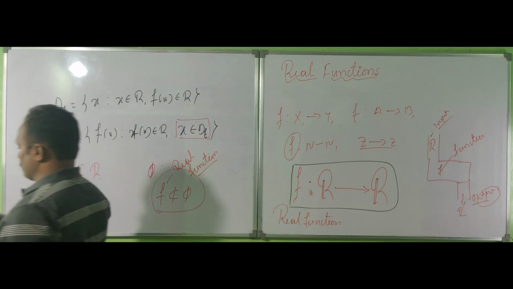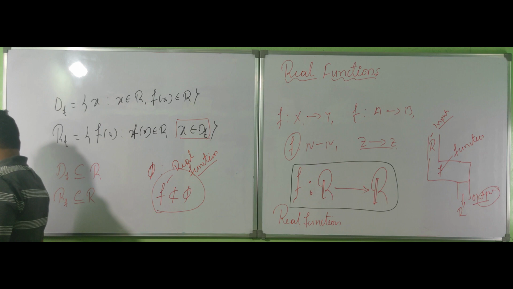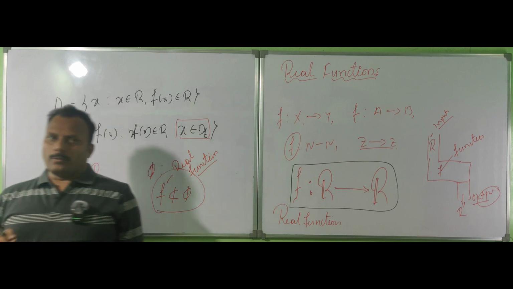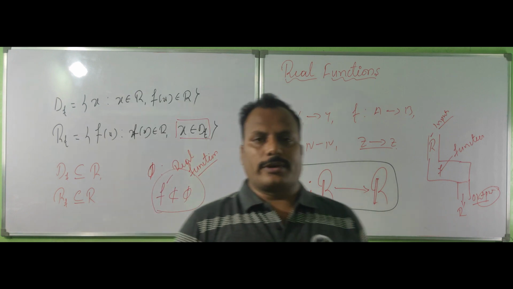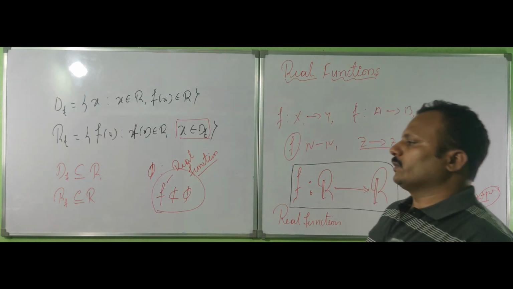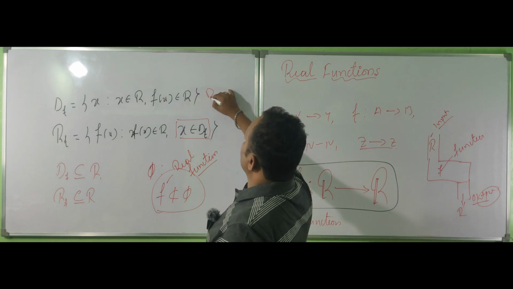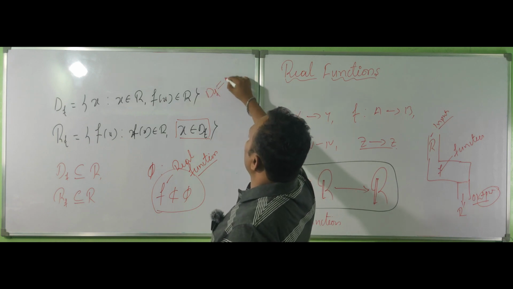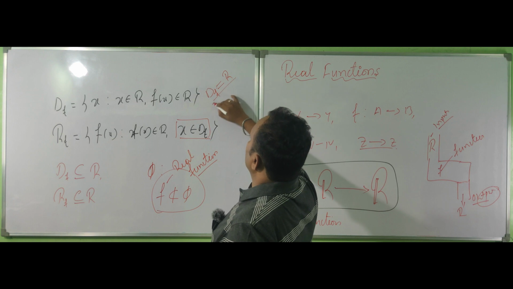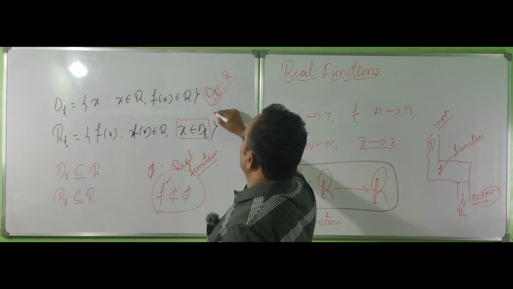Then, if the domain is real, we do not need to admit any other subsets. If the domain of f is equal to R, then the domain need not be a subset.